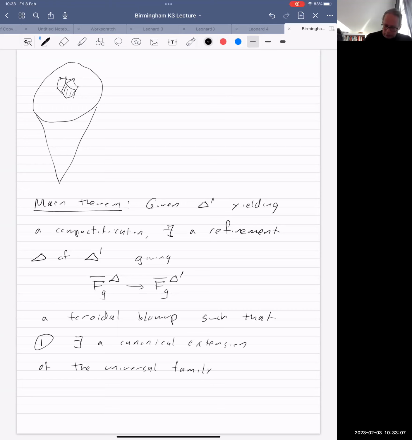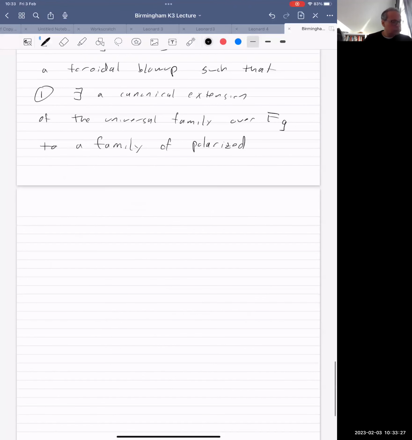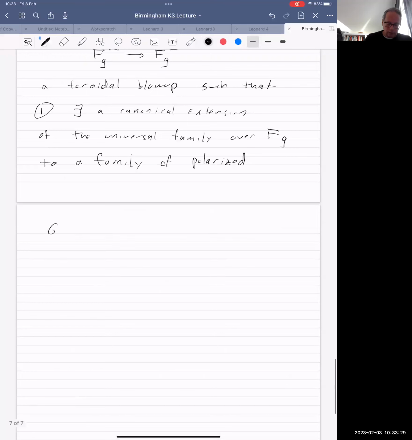Of course, this is as stacks, because the universal family only exists as a stack, of the universal family over F_G to a family of polarized Gorenstein K-trivial, so trivial canonical class, semi-log canonical surfaces.